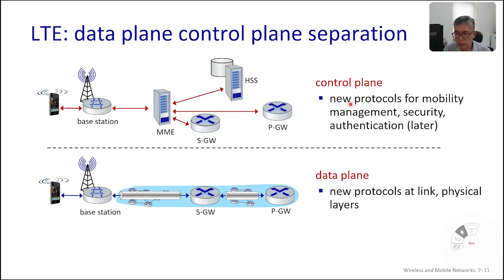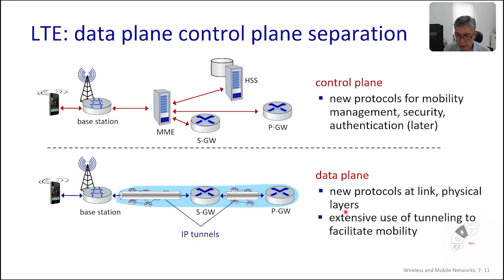Control plane means new protocols for mobility management, security, and authentication, and the data plane means new protocols at the link and physical layers. Especially, data packets pass through paths from a base station via the S gateway and P gateway.